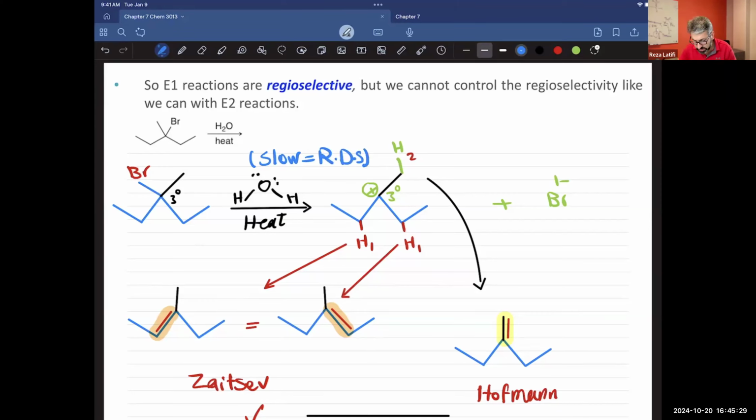The second step will be fast, and if it's a fast step, you're not going to have much control over it. You are not touching the rate of the reaction. Whenever you add the nucleophile to take hydrogen from the system, you're adding a step that is fast enough. It's way faster than the rate determining step. So you don't really have control over the ratio of the products as in E2.